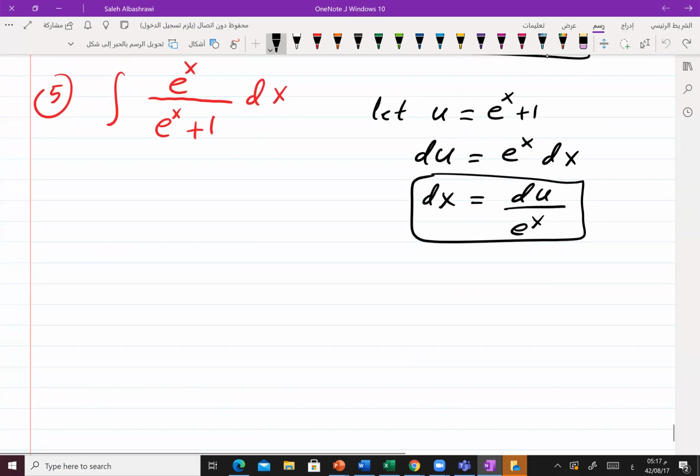So the integration now will be the integration of e to power x divided by u multiplied by dx, which is du divided by e to power x.